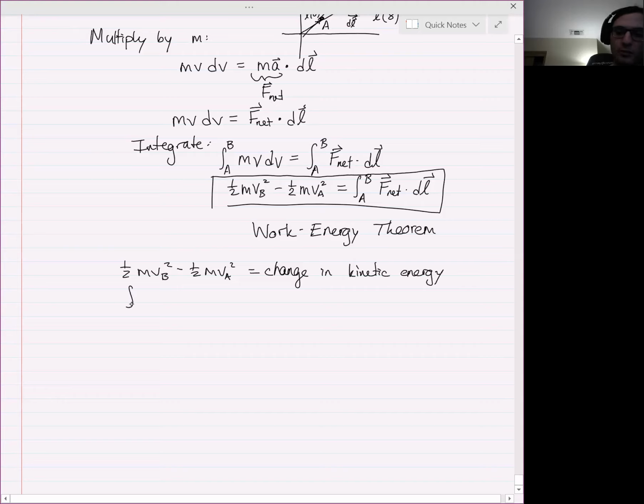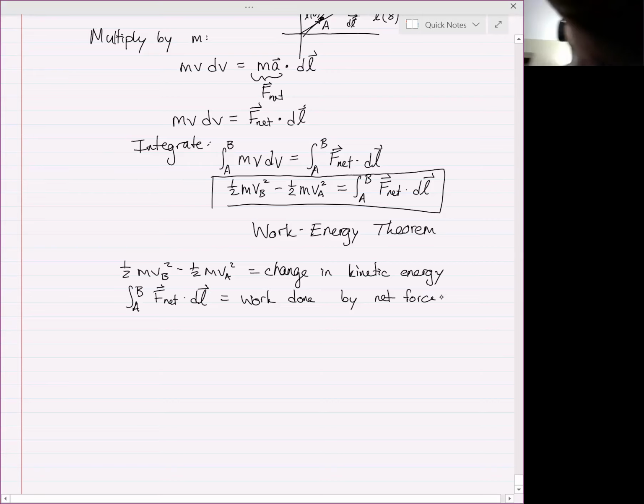And this integral is the work done by the net force. This is the work done on the object by the net force applied to the object.